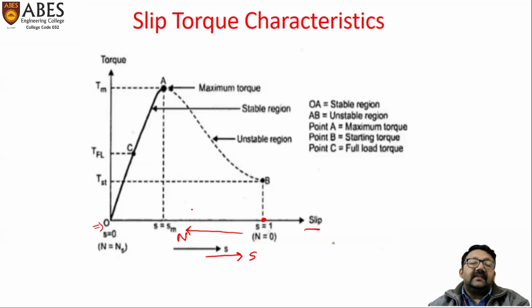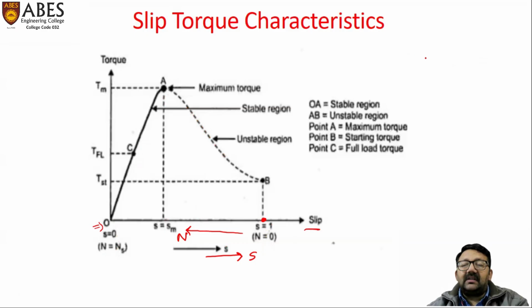Now, this is the plot of variation of torque with respect to motor slip or motor speed. The entire slip torque characteristics can be divided into two regions. One is known as unstable region or high slip region.